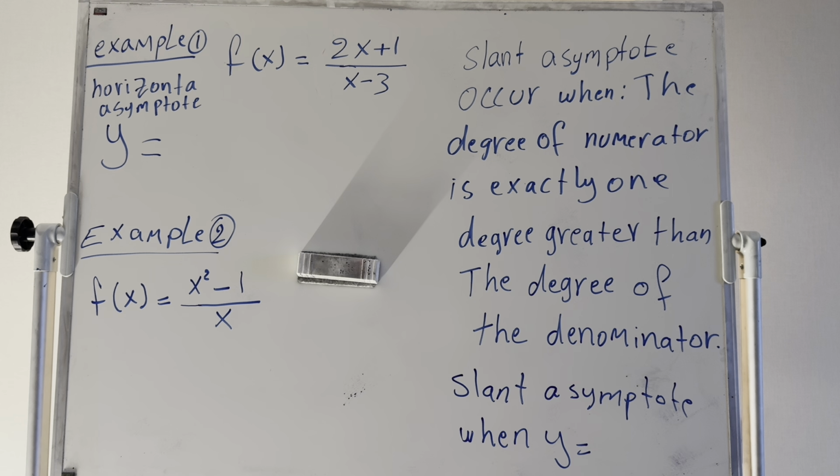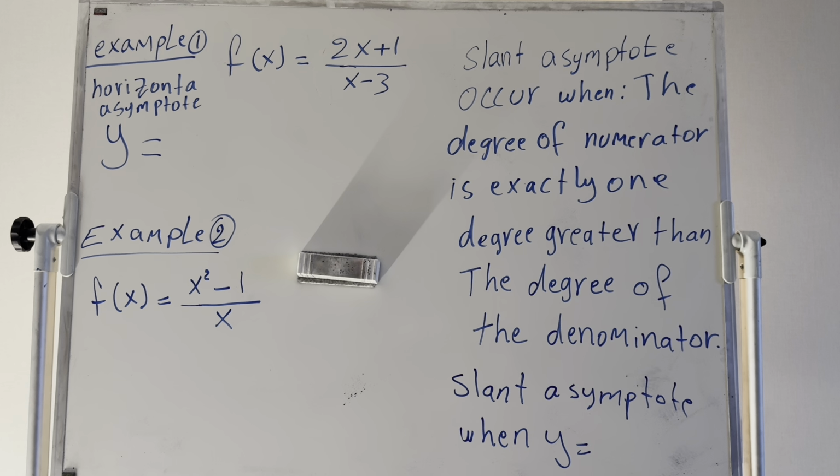If the function has the same degree in the denominator and the numerator, we take the ratio of the leading coefficients.